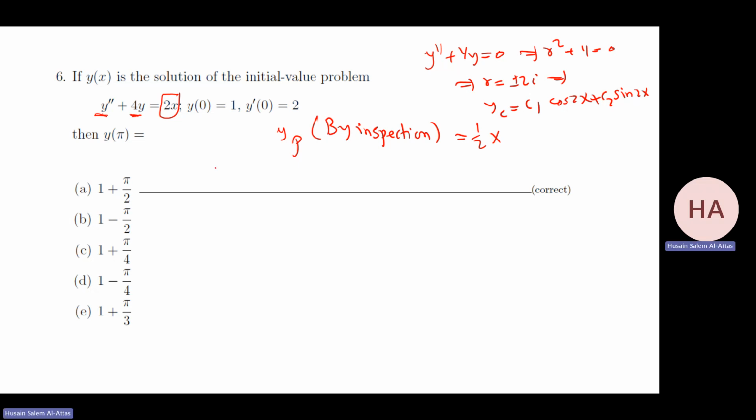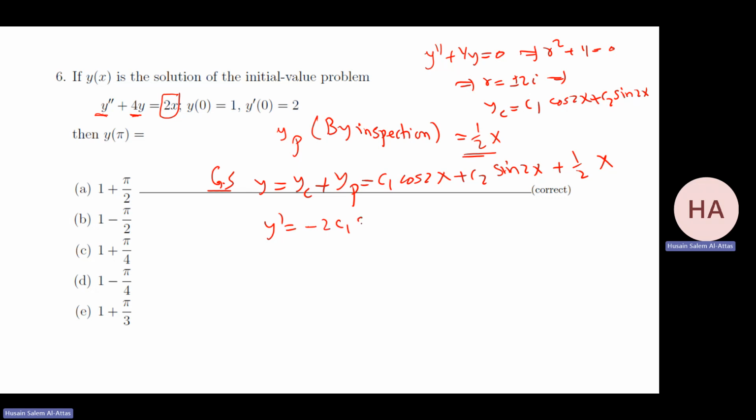Okay, so my general solution is y equals yc plus yp. You cannot always do this, but sometimes if you can, it will be easier. It will make the calculation easy. Now I need y prime. That will be minus 2 c1 sine 2x plus 2 c2 cosine 2x plus half.